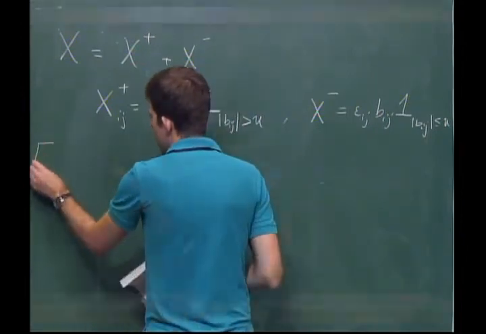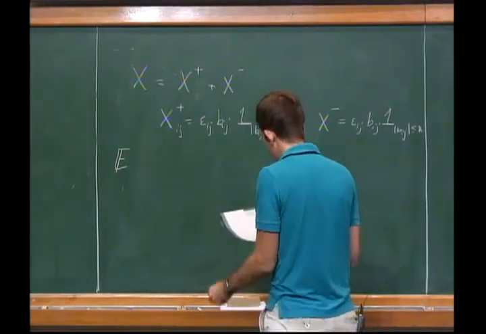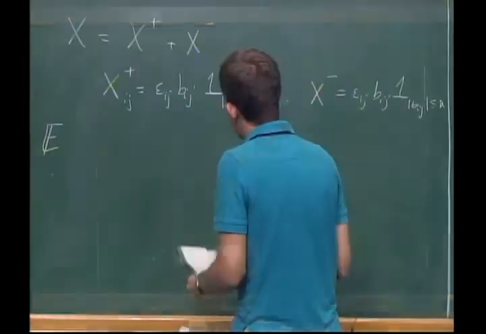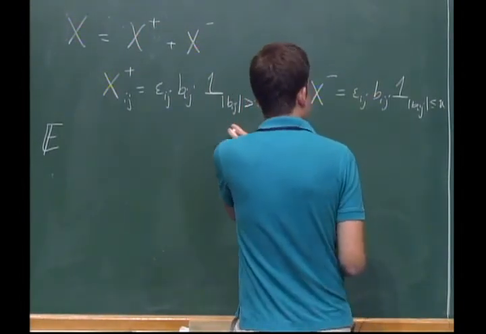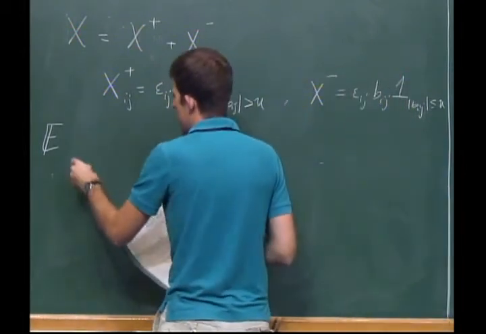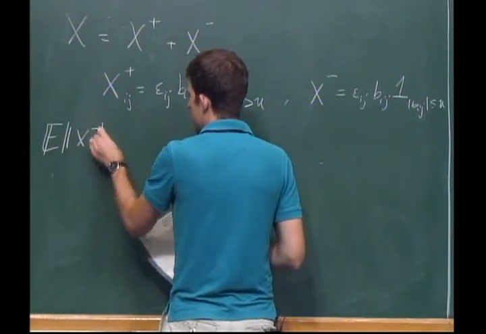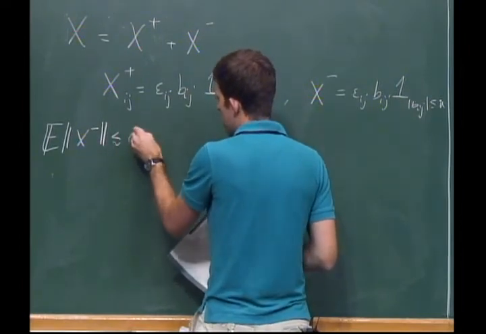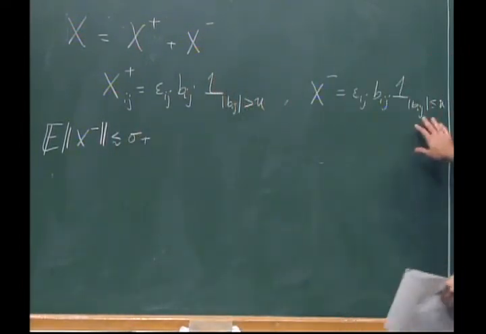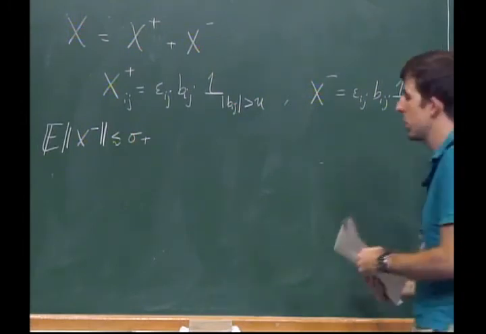In particular, we can use our inequality on X minus. If you use it on X minus, you get sigma plus the largest entry, which is now u, because we're just picking the ones that are smaller than u.